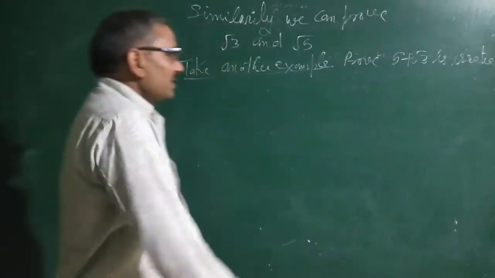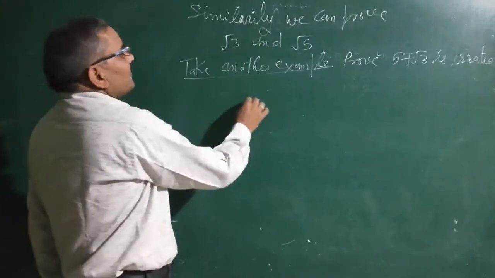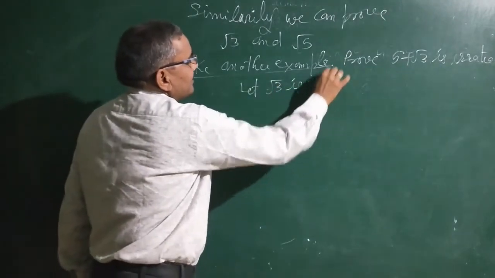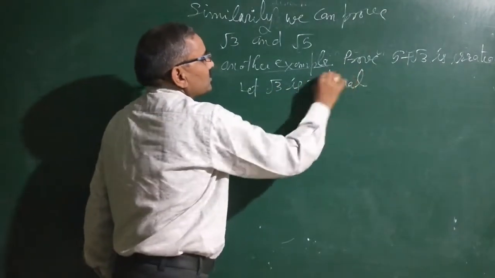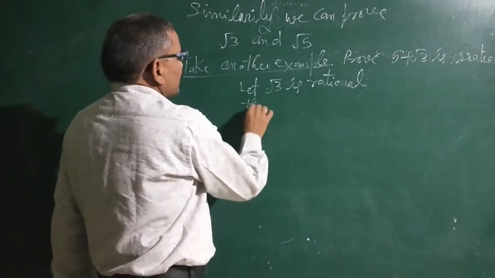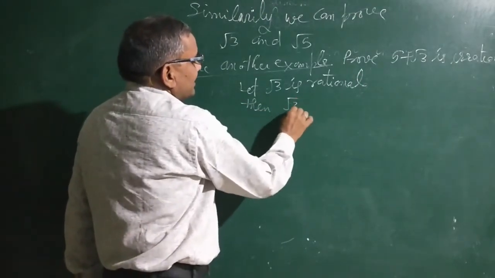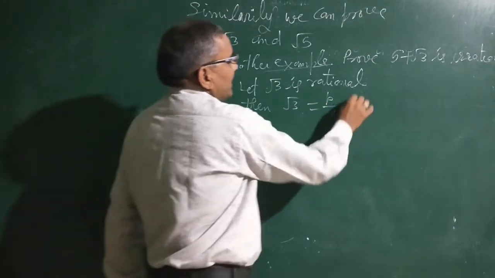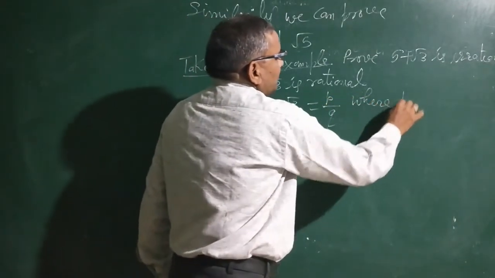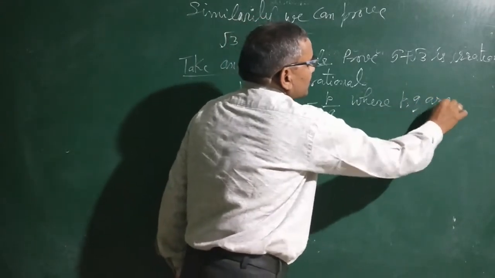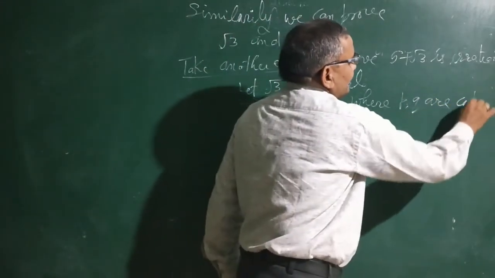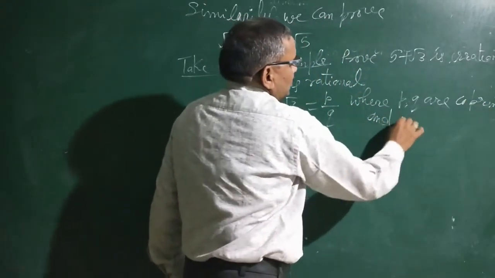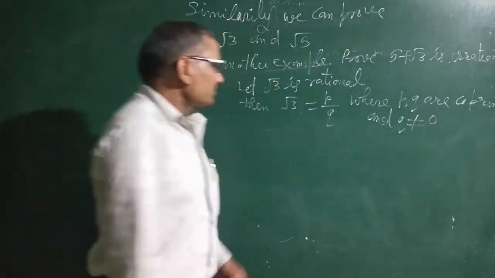For example, here let root 3 be rational, then root 3 is equal to p upon q, where p, q are co-prime and q is not equal to 0.